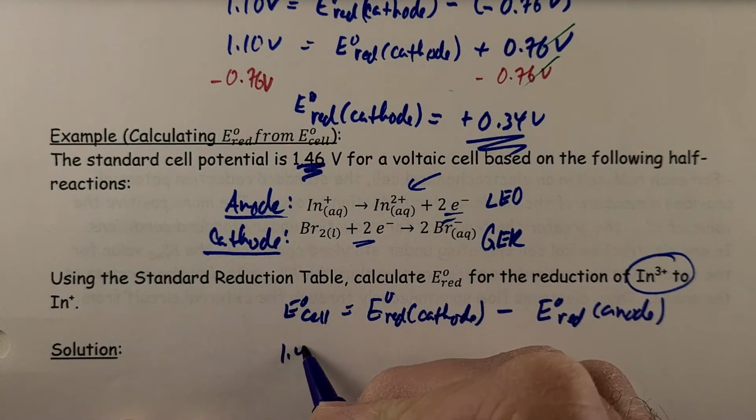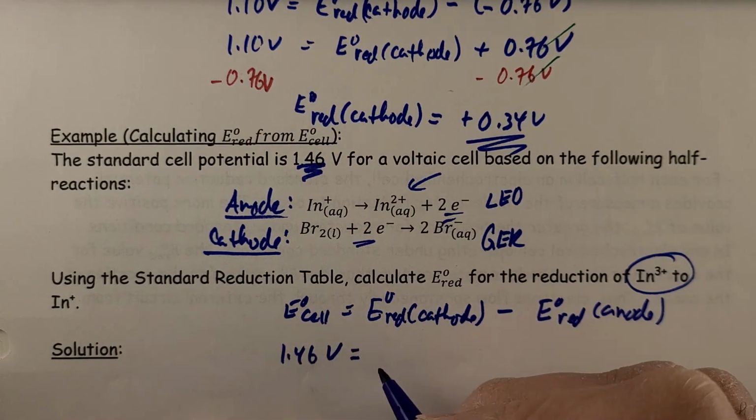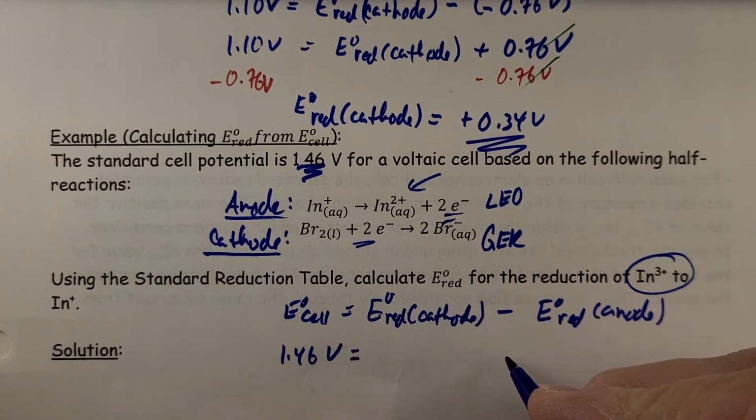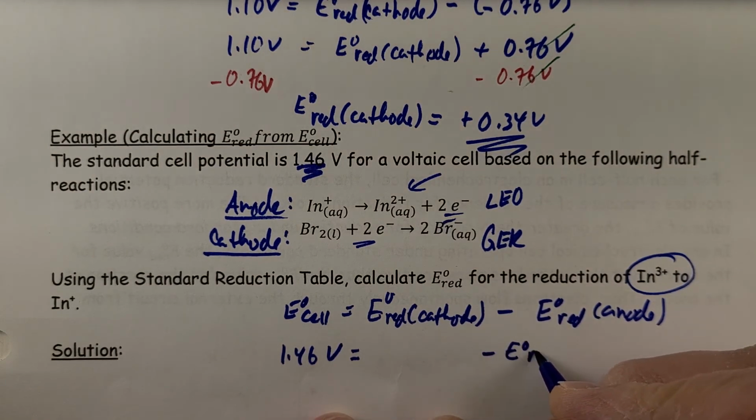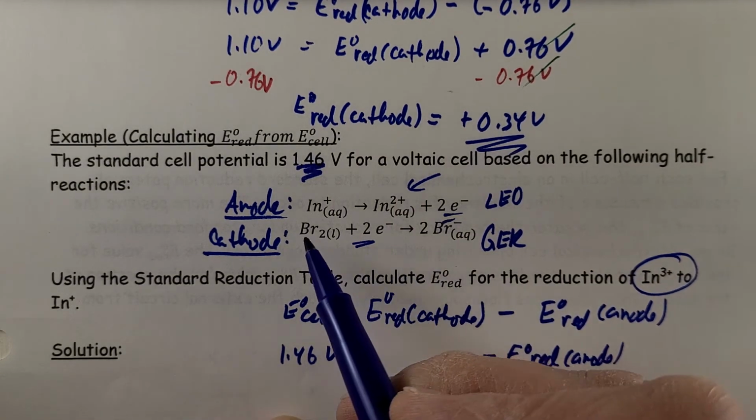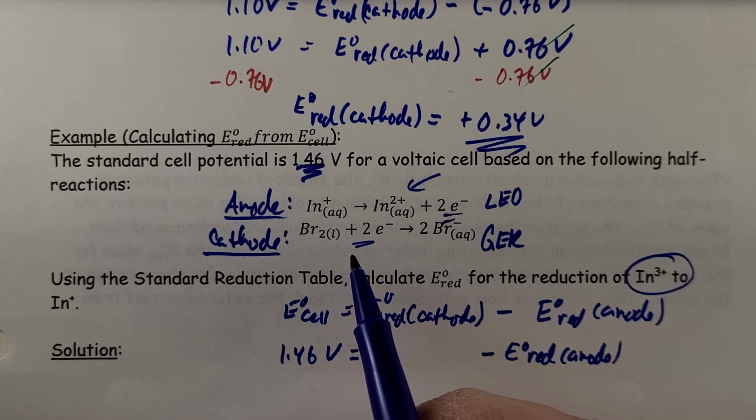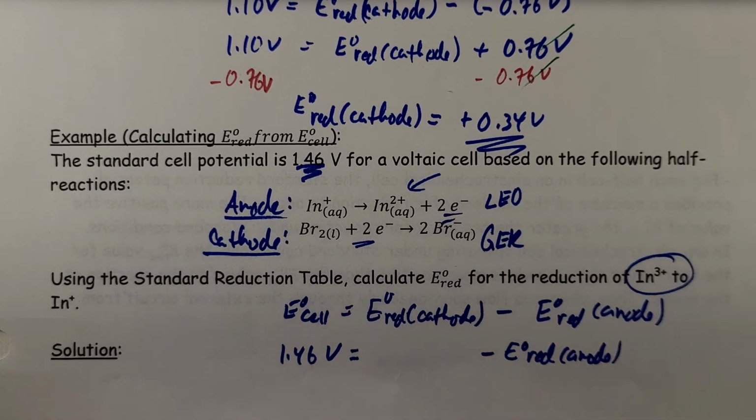So 1.46 volts equals E reduction at the cathode, sorry, at the anode I mean. That must mean we know what bromine is, so that's likely back on that sheet. Let's take a look.